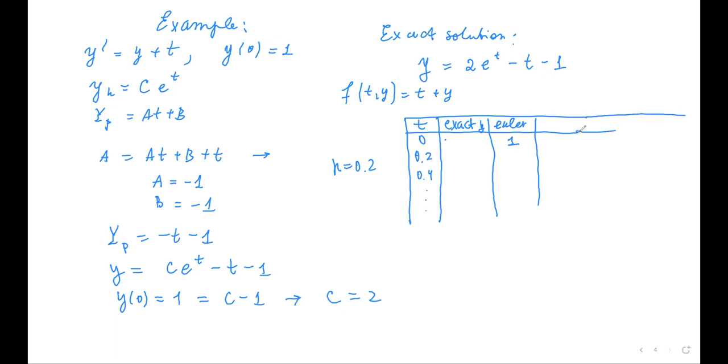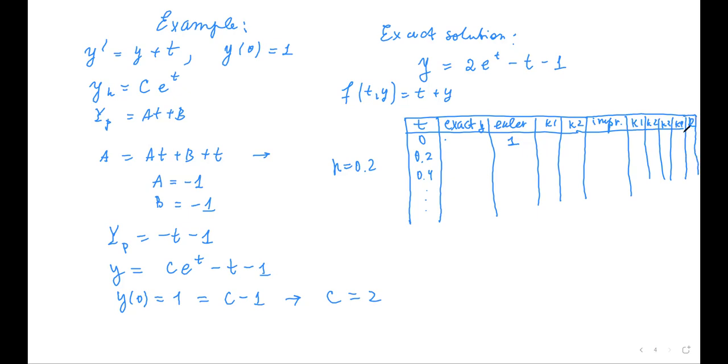Then next one, I'm going to do k1 and k2 for improved Euler, which are also calculated through the function. And then I'm going to do improved Euler. Next, I'm going to do k1, k2, k3 and k4 for Runge-Kutta, and then Runge-Kutta.